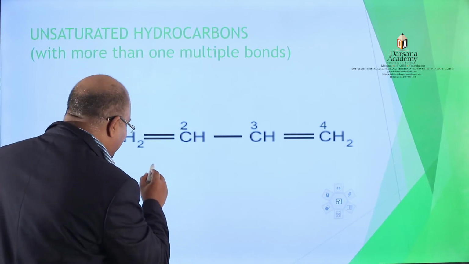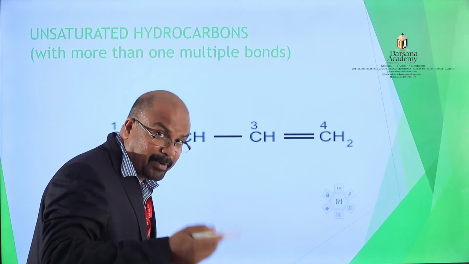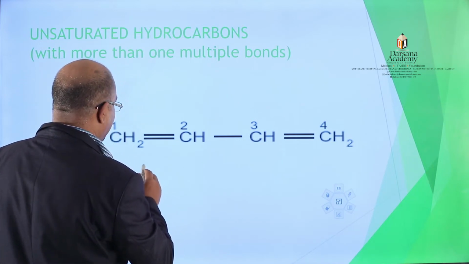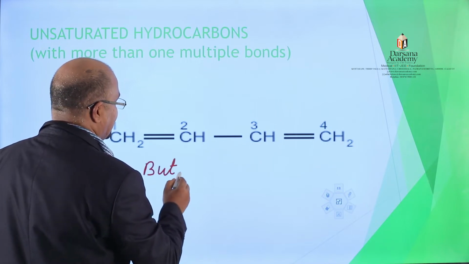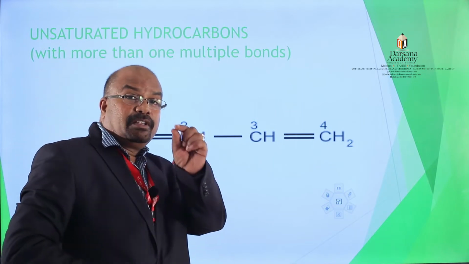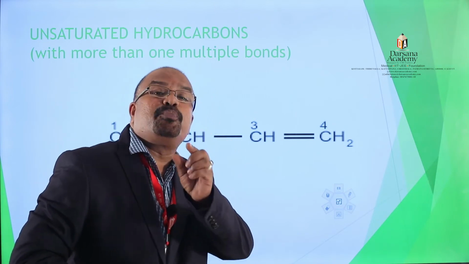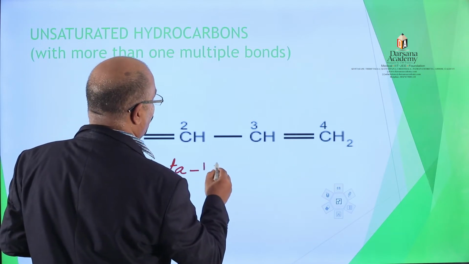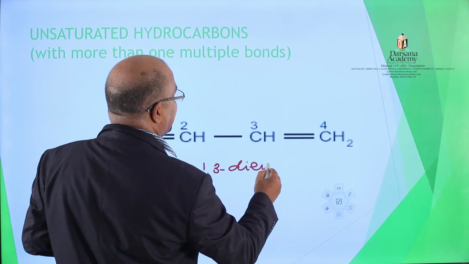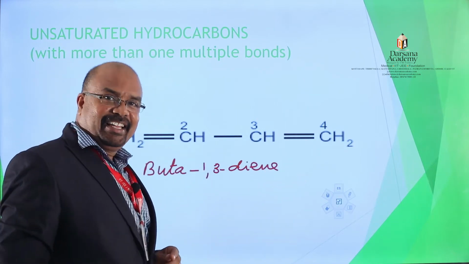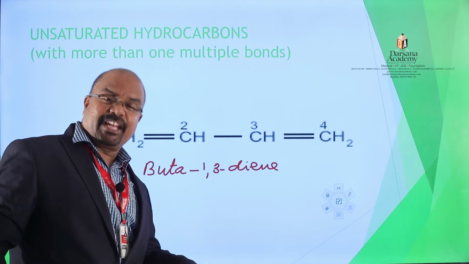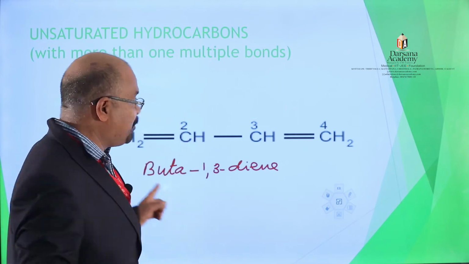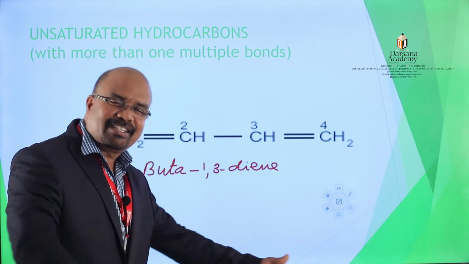So for the actual naming, if a multiple bond, double or triple, comes more than one time, the name is but, then a buta. The letter A should be with the parent chain, so the name of the compound is buta-1,3-diene. If there are three double bonds it is triene, but anyway we have to add the vowel A to the root word, buta, hexa, hepta, penta, and so on.